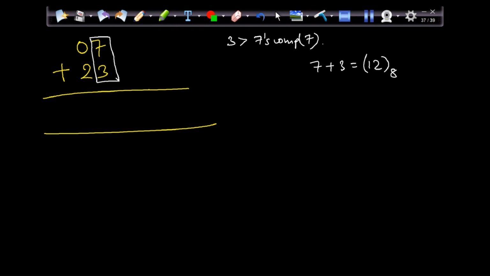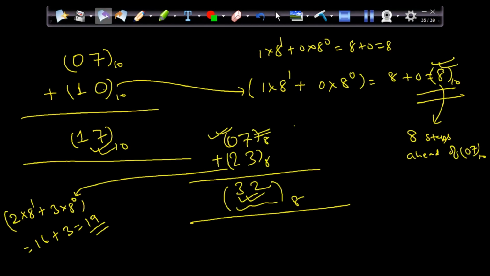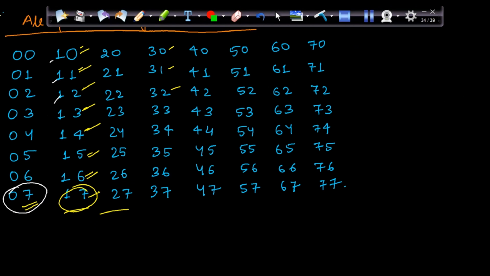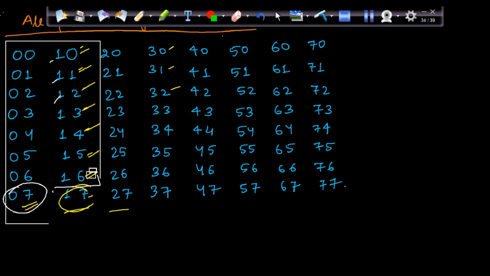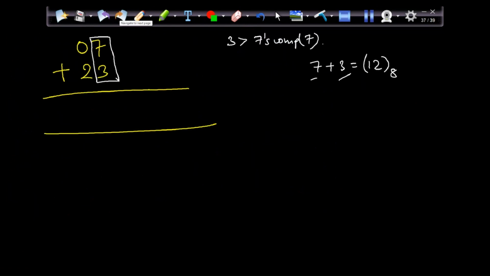So this is one way to do addition of 2 octal digits. You can perform the addition of 2 octal digits if you just list down the numbers first, and directly get what the octal value would be by the addition of 7 plus 3.